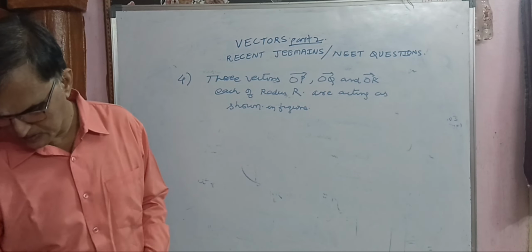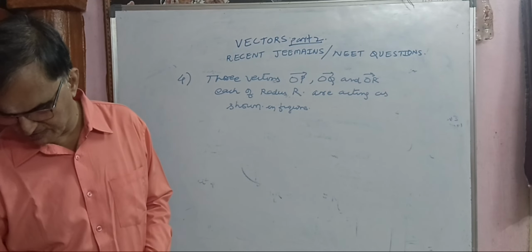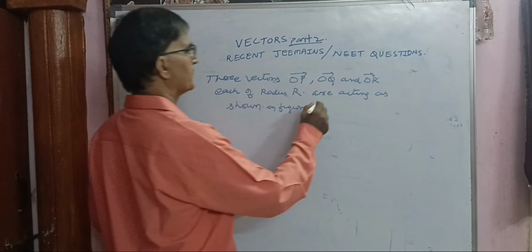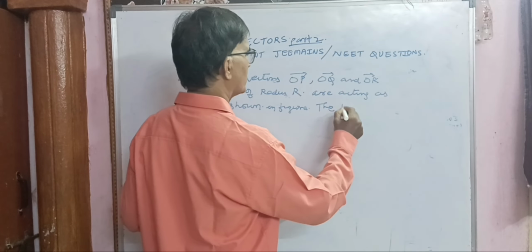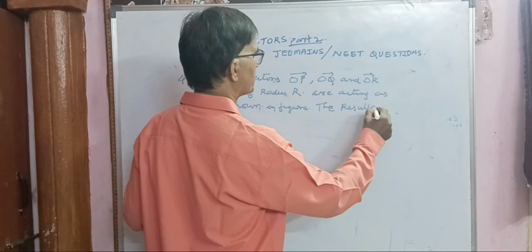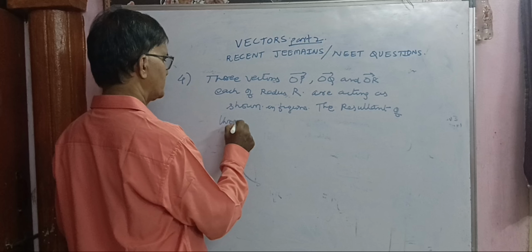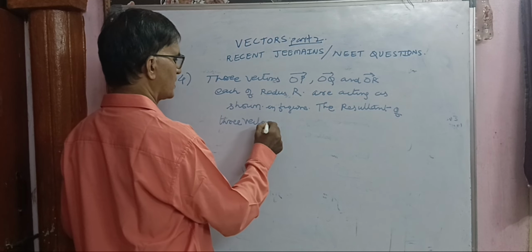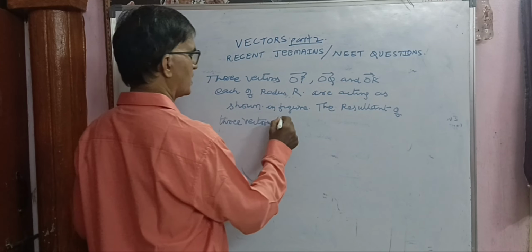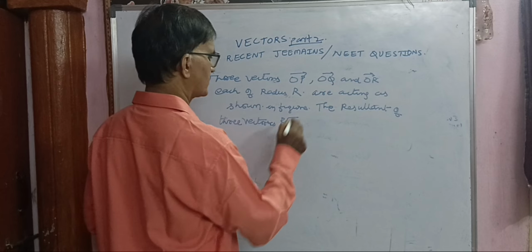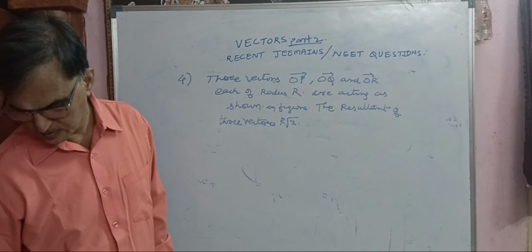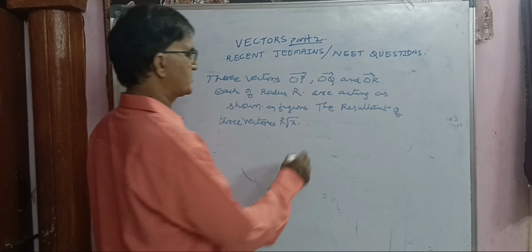Then the resultant of three vectors is R root x. Then the value of x is?